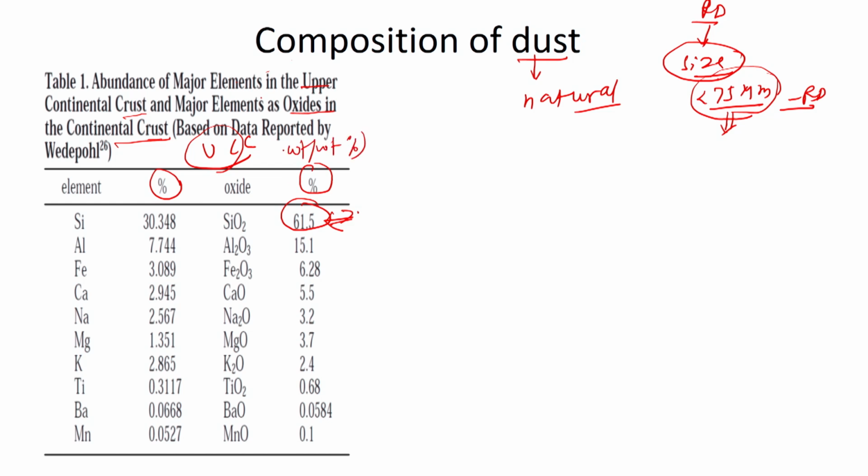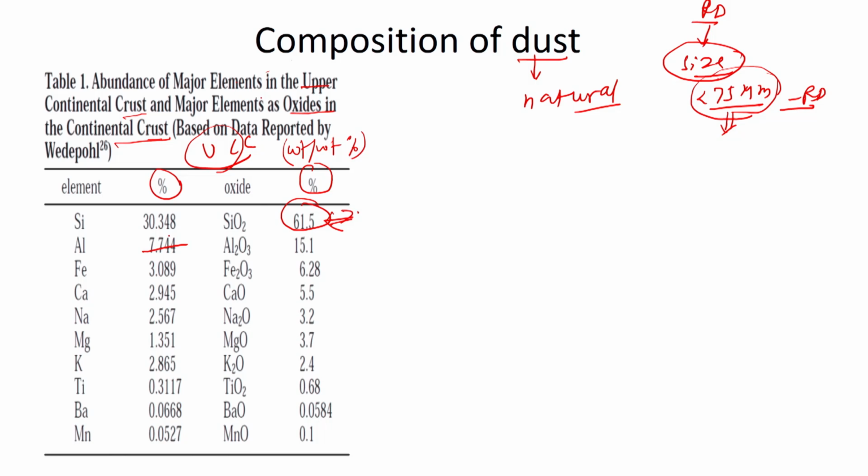Just remember these two things, which are very important. If you remember my previous lectures, I discussed very categorically the different units that can be used. I also discussed that aluminum is usually taken at 8%, though it is very close to 7.7% or so, and 8% is taken to calculate how much dust there is in the aerosols or in the road dust.